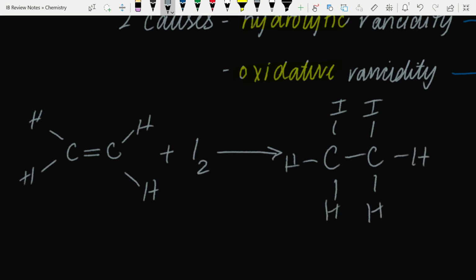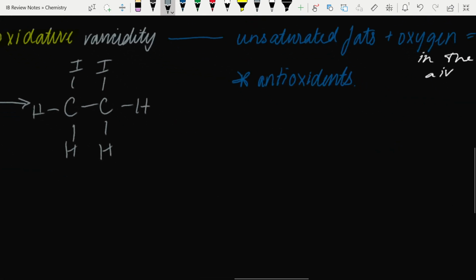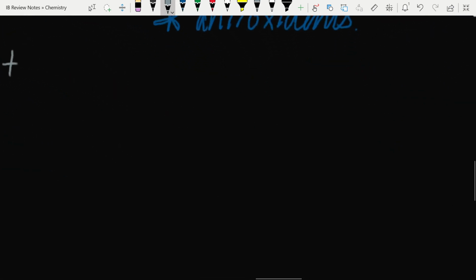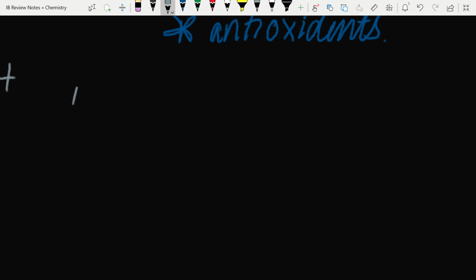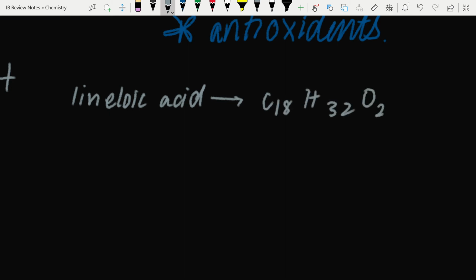So to calculate the iodine number, for example, you have linoleic acid, which is C18H32O2, and you have to determine the iodine number.